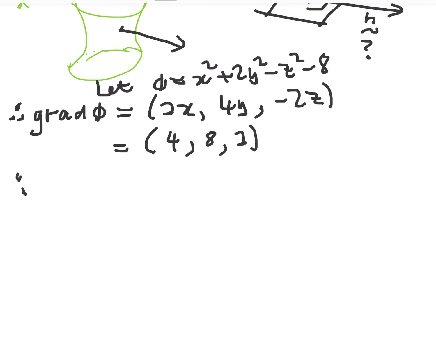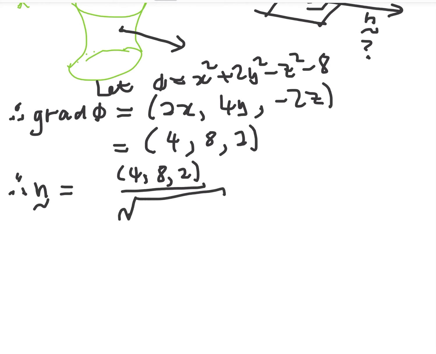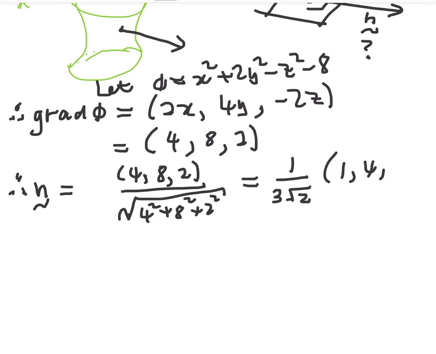So therefore, the unit normal will be equal to this vector 4, 8, 2, if you want, divided by the magnitude of this vector 4, 8, 2, which is 4 squared plus 8 squared plus 2 squared, which I will just write in simplified form. You get eventually, you may show that this is 1 over 3 root 2 into 1, 4, 1.